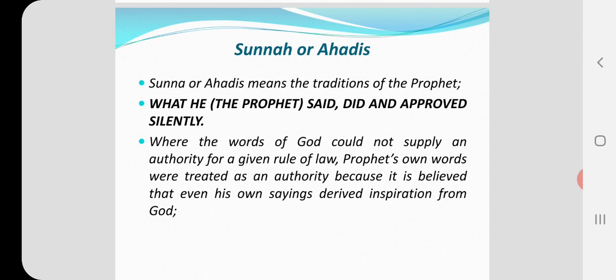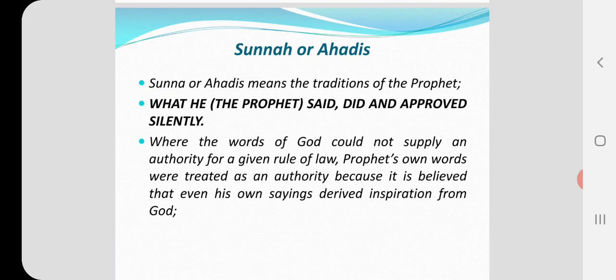Sunnah is the basic principle or rule of law that emerges from a particular hadith. Hadith is a story, a narration of a particular incident which took place during the life of Prophet Muhammad.